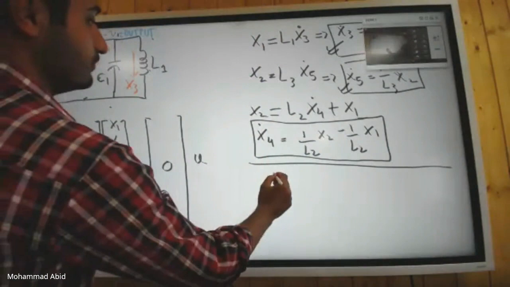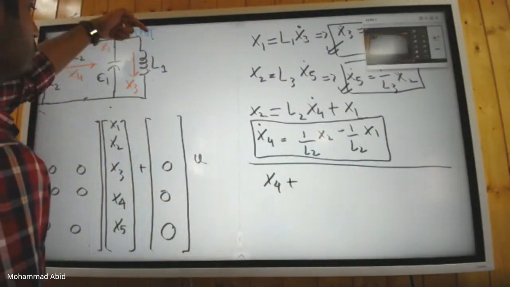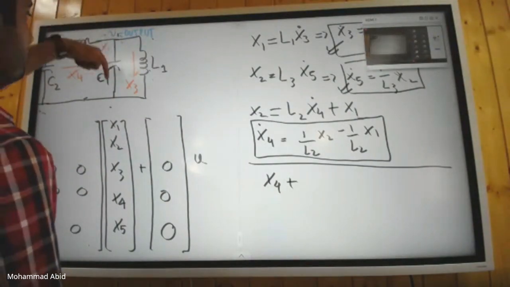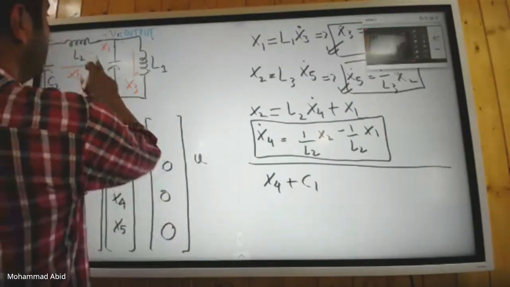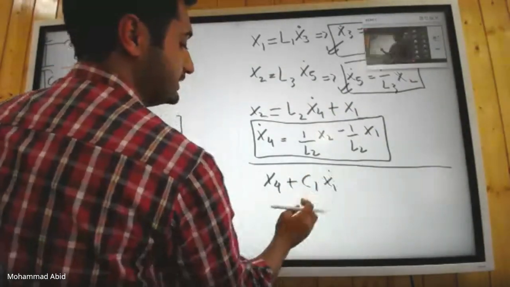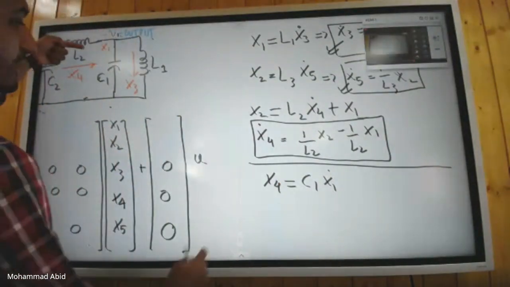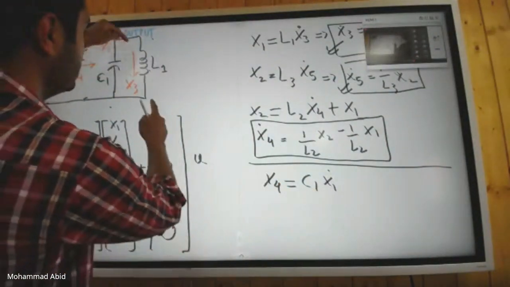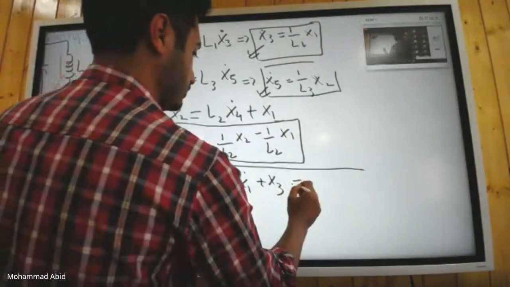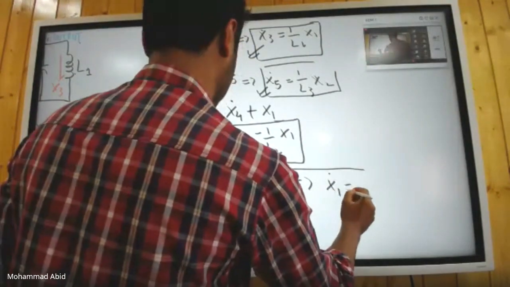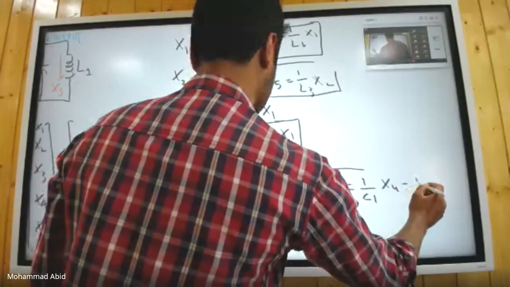This current, that's x4. That's the sum of the current going down and the current going this way. The current going down is what? C dV by dt, and what's the value? x1 dot. This is C dV by dt. This is the sum. This current x4 is the sum of this current and the current x3. So you can get the equation for x1 dot: 1 by C1 x4 minus 1 by C1 x3.